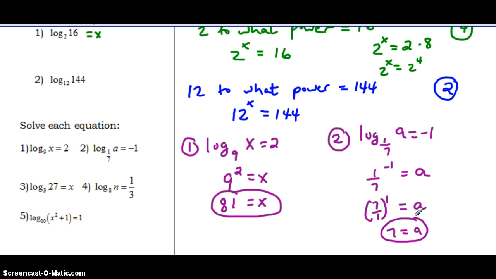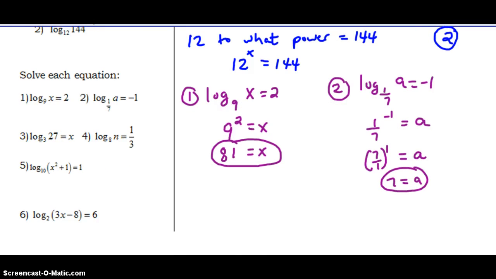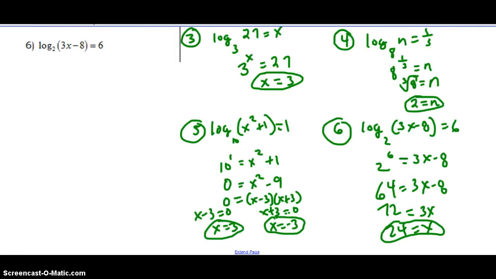All right, go ahead and pause the video and bring it back to check your answers for 3, 4, 5, and 6. Okay, for number 3, you should have converted to exponential as your first step. So 3 to the x power is equal to 27, and then we know that x would have to be 3.